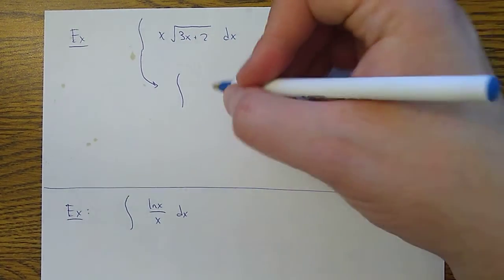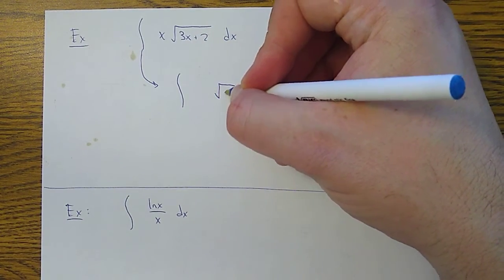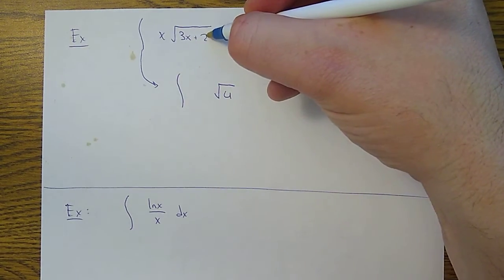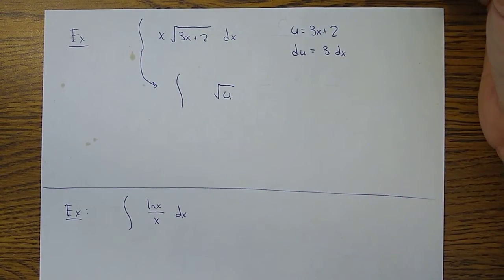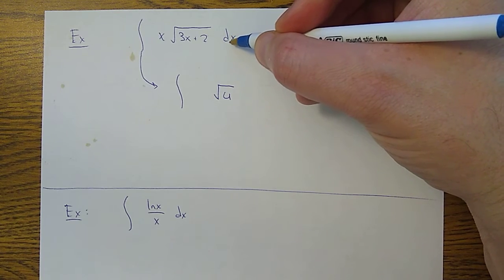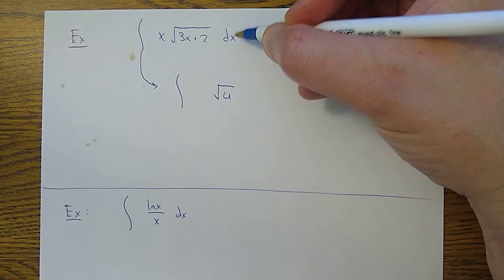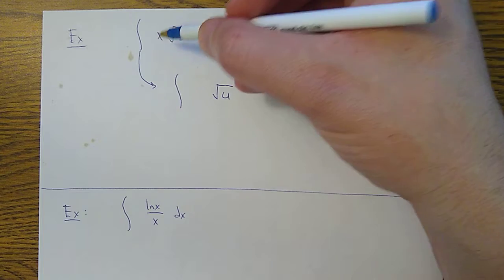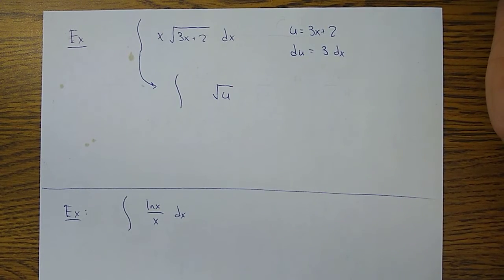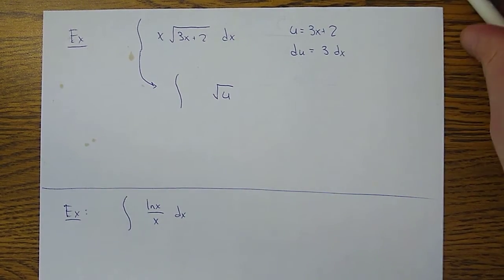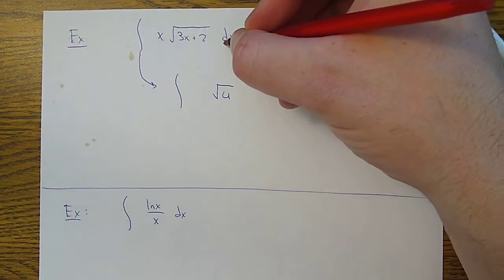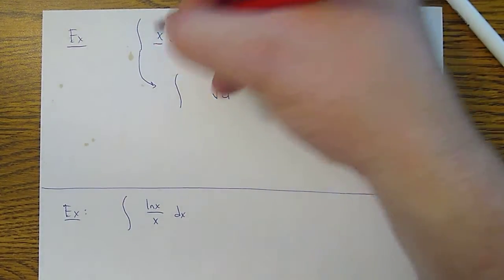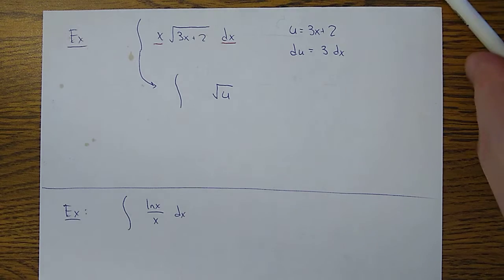I have, this is definitely the square root of u. I don't know about this dx, and I don't know about this x. I would like to replace these things, but it's not clear where everything's going to go.